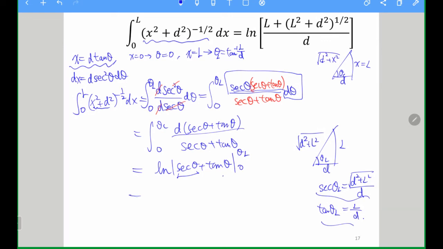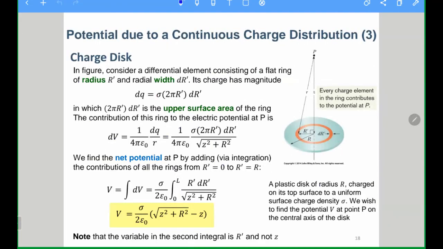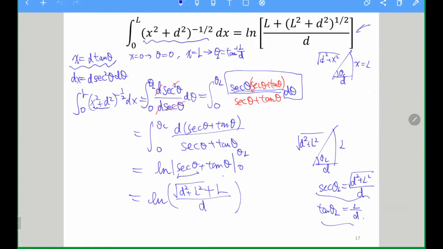So we have the natural log of the square root of d squared plus L squared, plus L, all over d, like this. So it is actually this one. Okay, maybe we just stop here today.